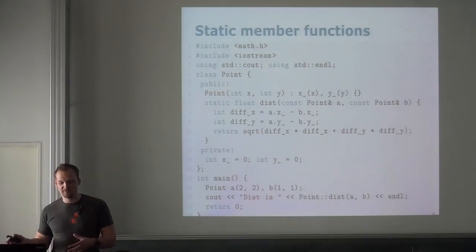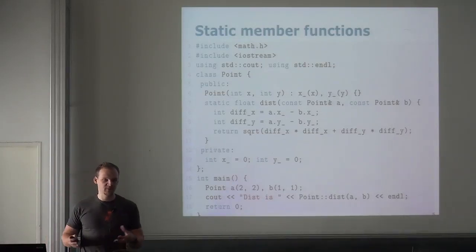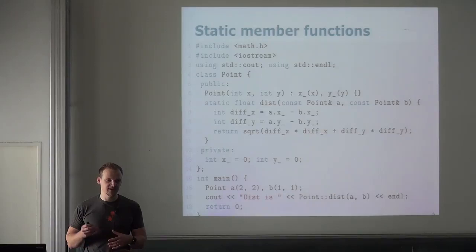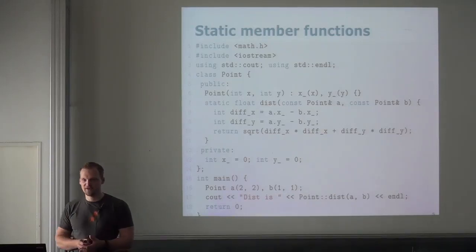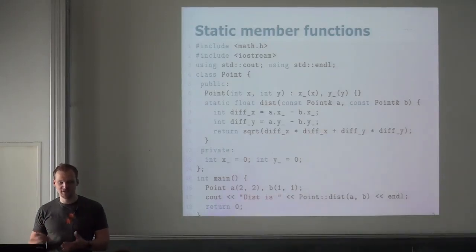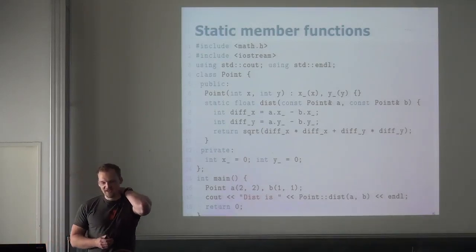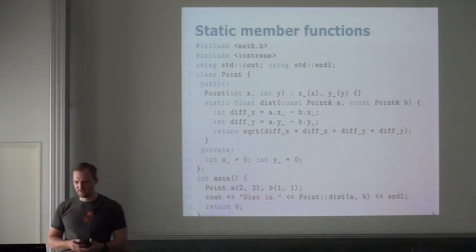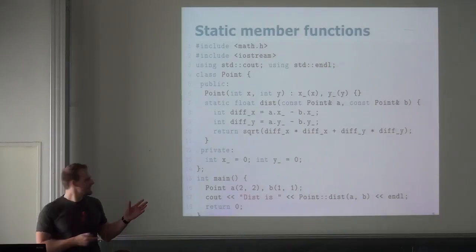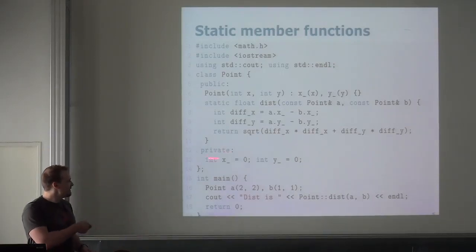Let's define some very stupid class Point. A lot of programs have the class Point, and many of them define it on their own. And we're going to do the same thing here. The idea is that it has some member variables.